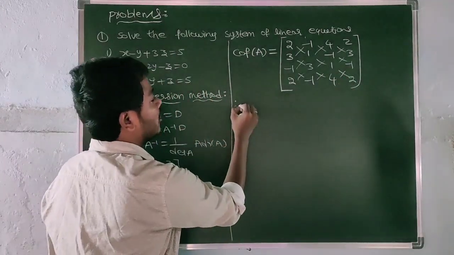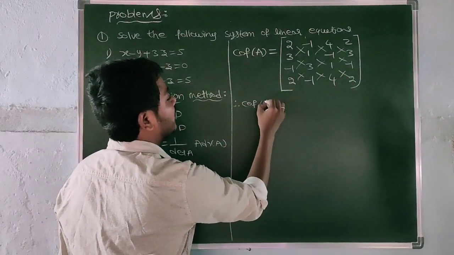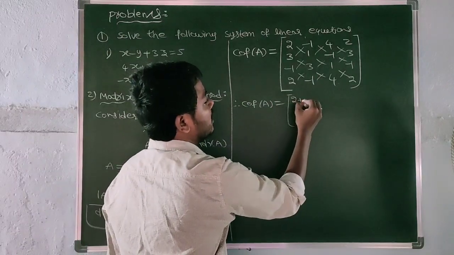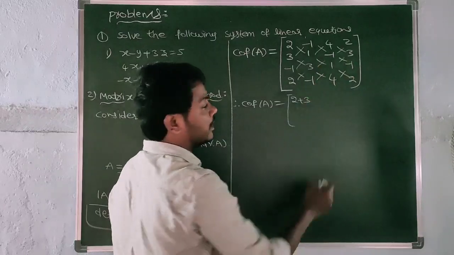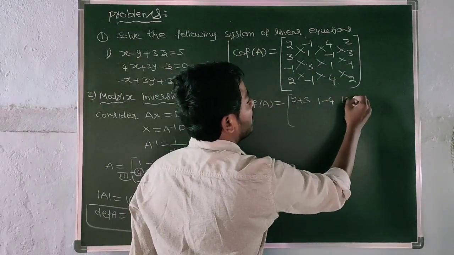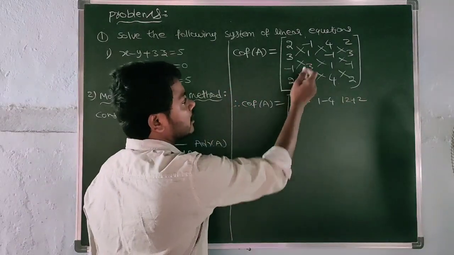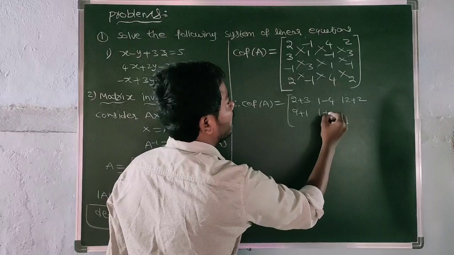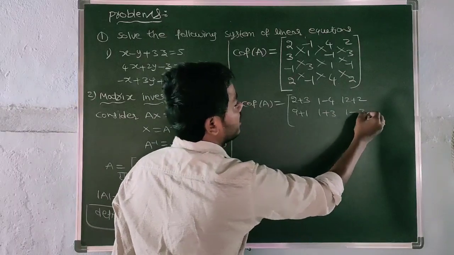So therefore cofactor of A is here 2 plus 3. Next here minus 1 into minus 1, 1 minus 4, here 12 plus 2. Next here 9 plus 1. Next 1 plus 3, 1 minus 3.